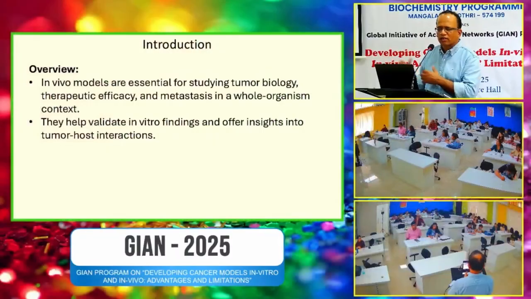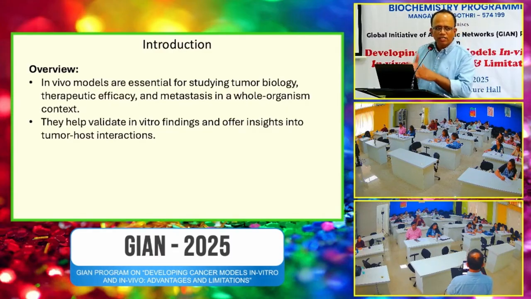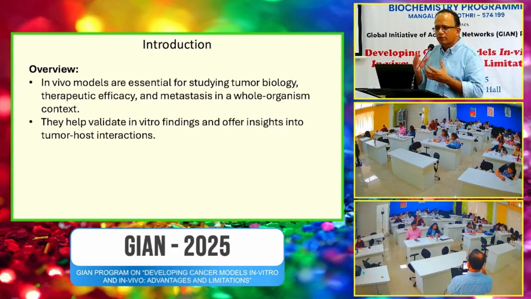Therapeutic efficacy, you know already, orthotopic or xenograft and genetic mouse model, why we use it, at what stage, and what for. And you also know metastasis models, a little bit of it, not completely, but still you know the models and why we use them. And the cancer has to be progressed to metastasize, right?